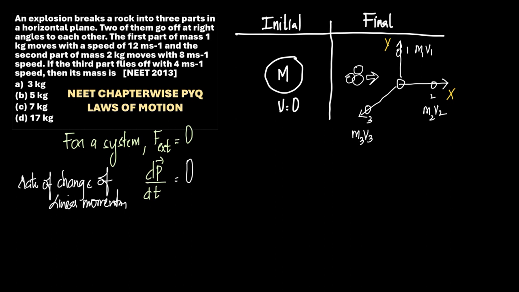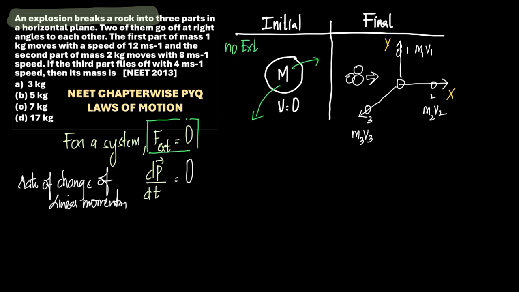The primary condition here is that F external should be equal to 0. That is where the significance of the first sentence comes. An explosion breaks a rock, right? This rock being exploded implies that there is no external force acting on it. Explosion is coming from within, which means it is very safe to assume that F external here is equal to 0. This is one of the most important concepts here.